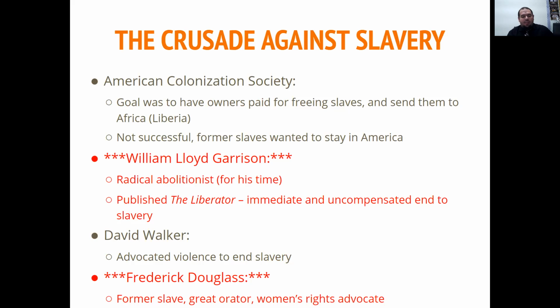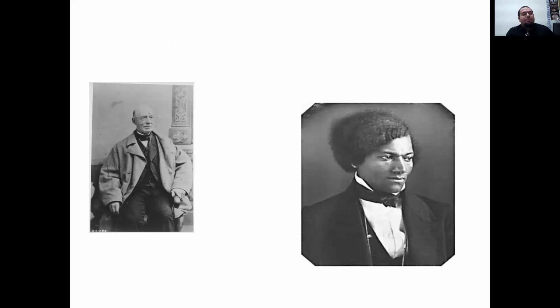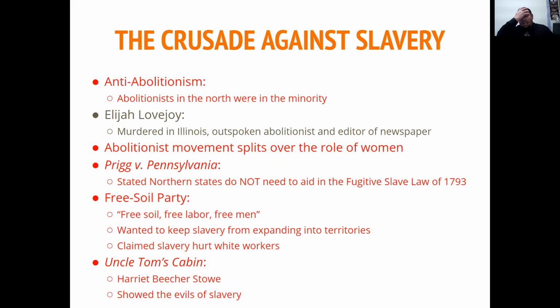And he's going to also work alongside, side by side with William Lloyd Garrison and others to bring about abolition and influence the idea that slavery needs to end, and soon. So you have William Lloyd Garrison on the left. That's our young Frederick Douglass on the right. Okay.